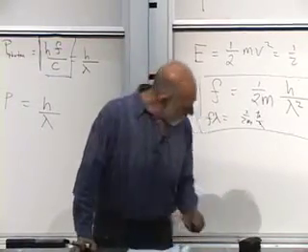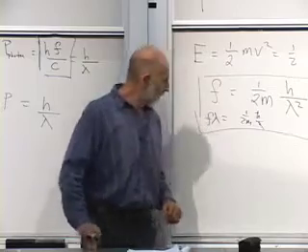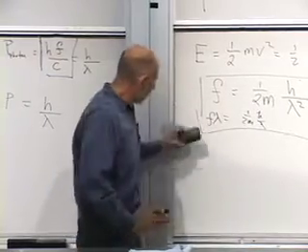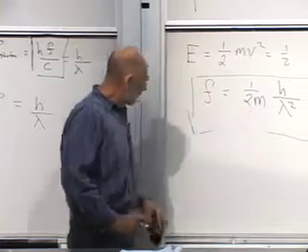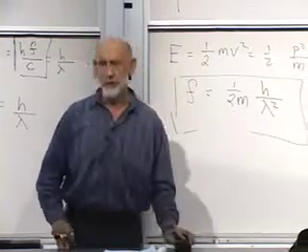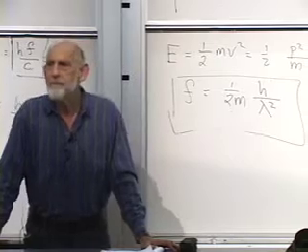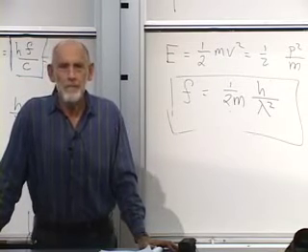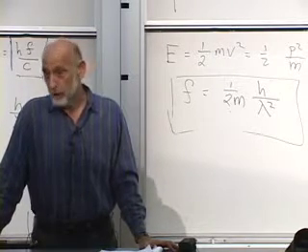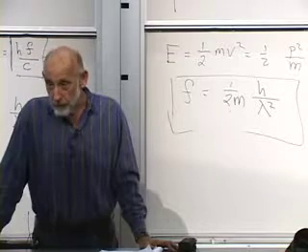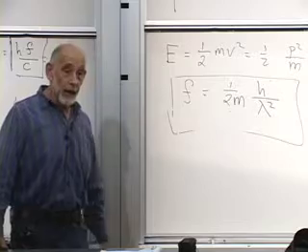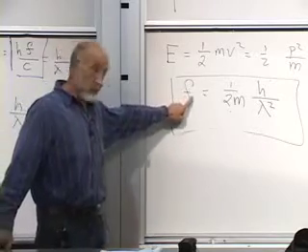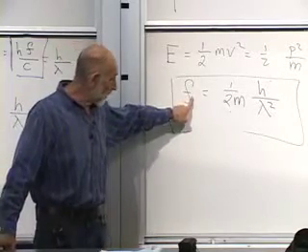And incidentally, this equation over here is equivalent to another equation of physics. Anybody know what it is? The Schrödinger equation. The Schrödinger equation is an equation for a wave, and this tells you the time dependence of the wave, the frequency.